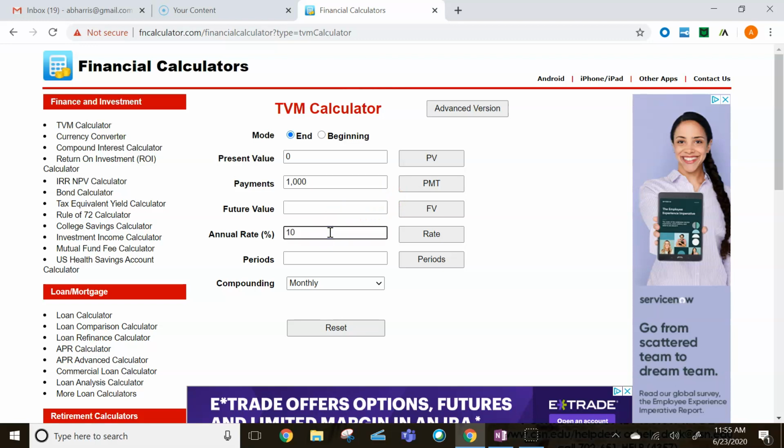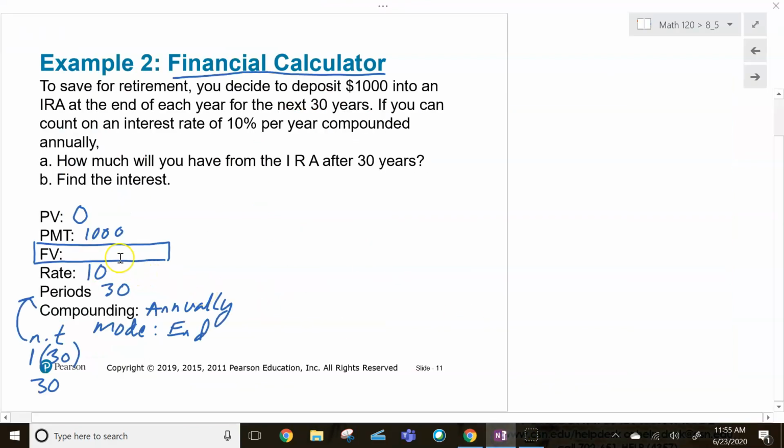I'm making 10% on this. N times T annually. 1 times 30 is 30. This is annually. The future value we have, there it is. Again, ignore the negative sign. That just means you can withdraw all that money. 164,494.02. See how nice that is? That financial calculator. As long as you get that in right, okay, you can work these real easily.